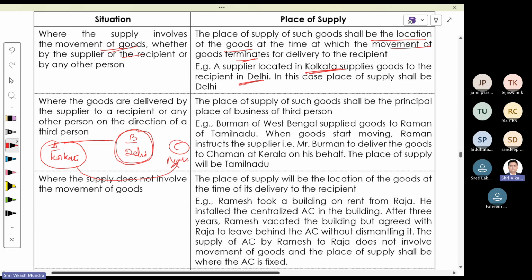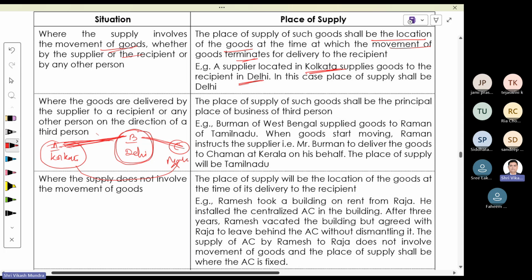Actually, the goods are moving from Kolkata to Maharashtra. But since it is as per instructions given by some other person, it will be considered as I am selling these goods to Mr. B. That means the supply between Kolkata and Delhi is one, and another supply has taken place between Delhi and Maharashtra.